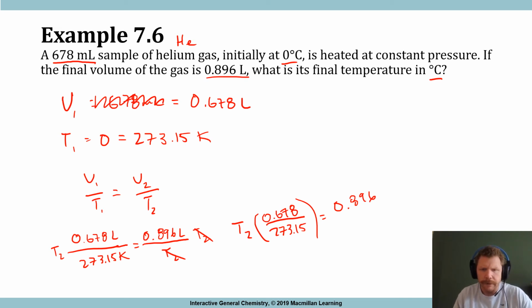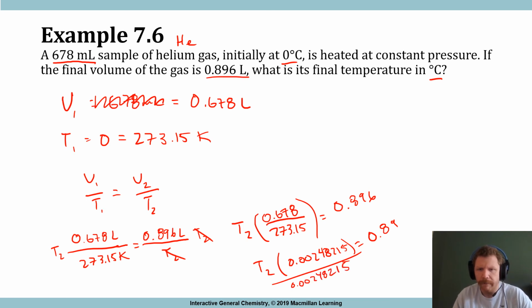So this T2 term, 0.00248215, is equal to 0.896. Divide each side by 0.00248215. So 0.896 divided by 0.00248215.